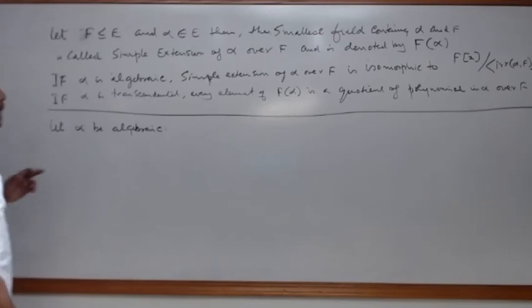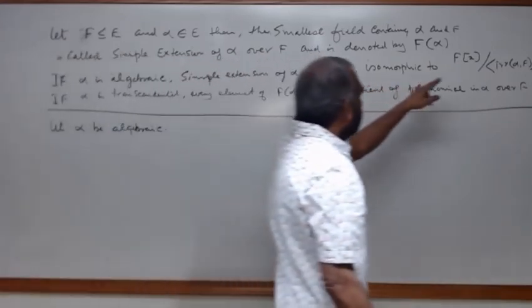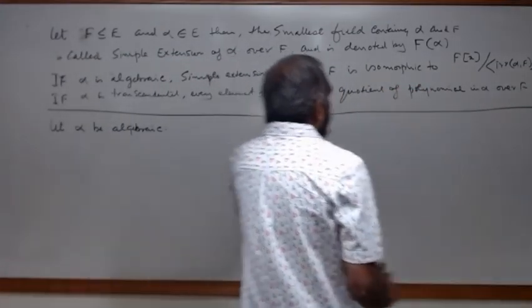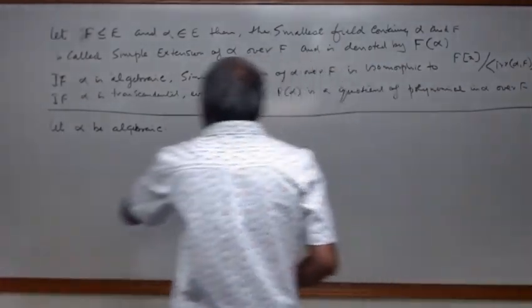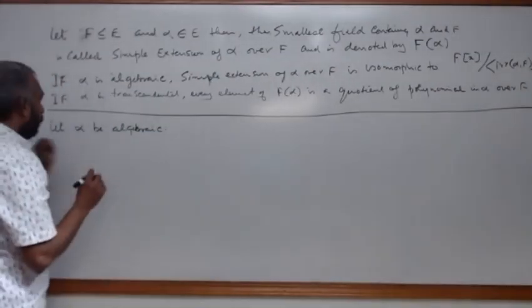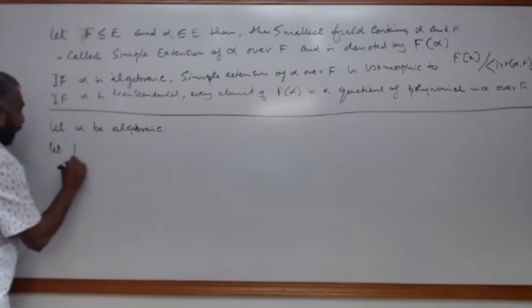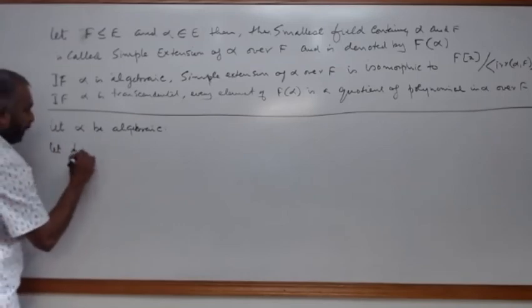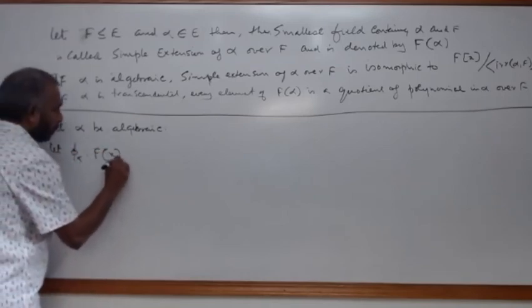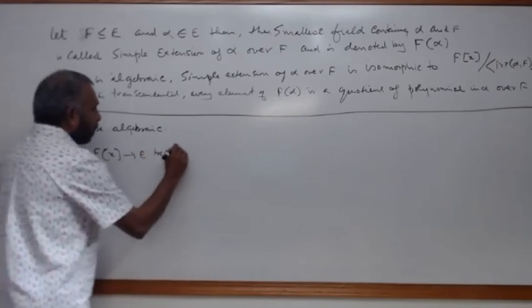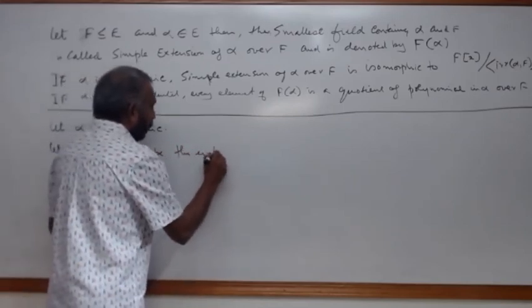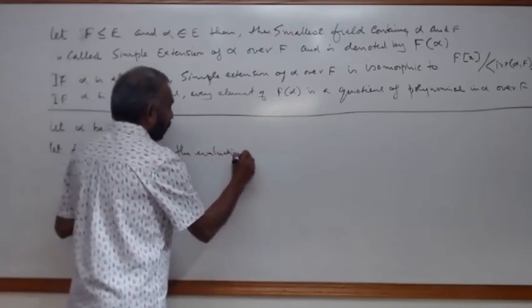So what is happening here? It is actually isomorphic to this. So we'll take the evaluation map. Let phi alpha be the evaluation map.